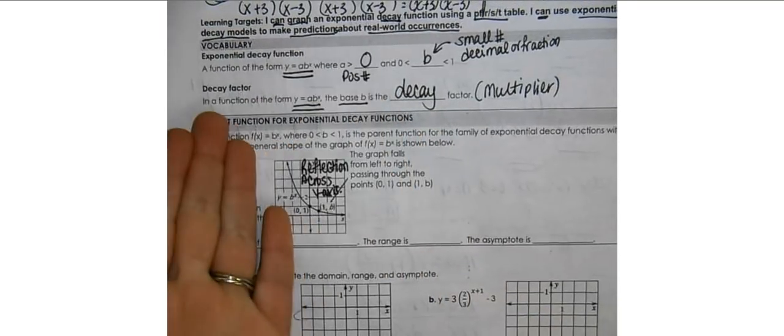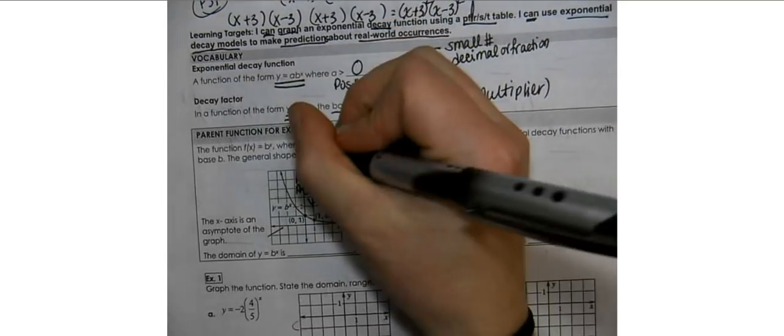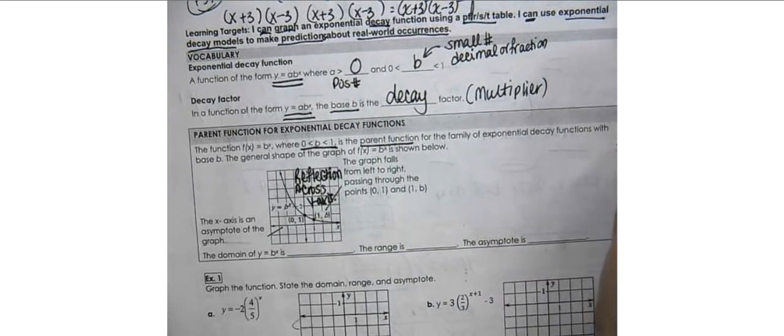And now we've essentially reflected that graph across the y-axis. So the function f of x is equal to b to the x, where b is a number in between 0 and 1, is the parent function for the family of exponential decay functions with a base of b. The general shape of f of x is equal to b to the x is shown below.